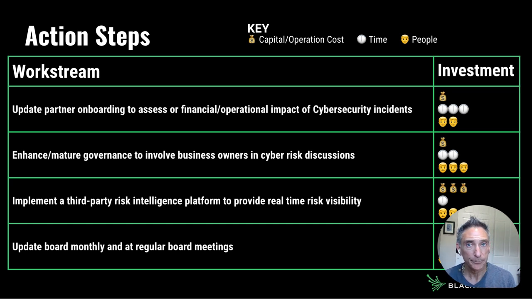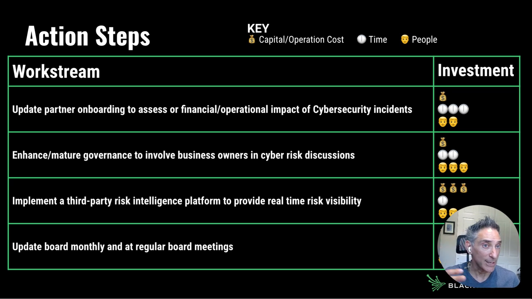The second thing is we're going to enhance and mature the governance so that we have better interaction with the business owners, with the business stakeholders. Right now, there's a disconnect, and a big chunk of that falls upon us. But we need to be involved. We need to sit with our business stakeholders. We need to ask them questions. We need engagement.